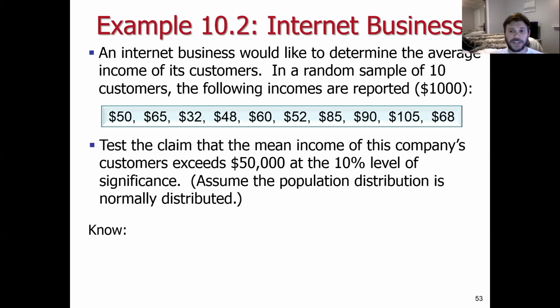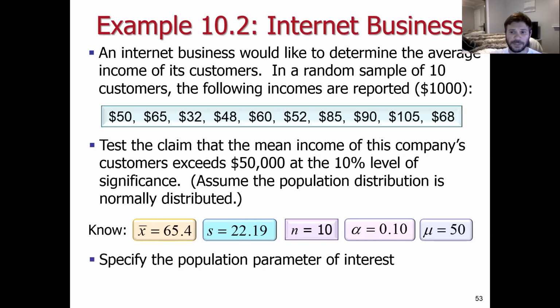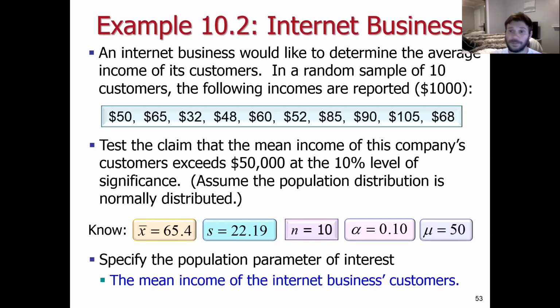The sample standard deviation is about $22,000. So here are the summary statistics for this small data set. And again, the population parameter of interest for us in the context of this narrative is the mean income of the internet business's customers. Okay, so here is the setup of the problem.